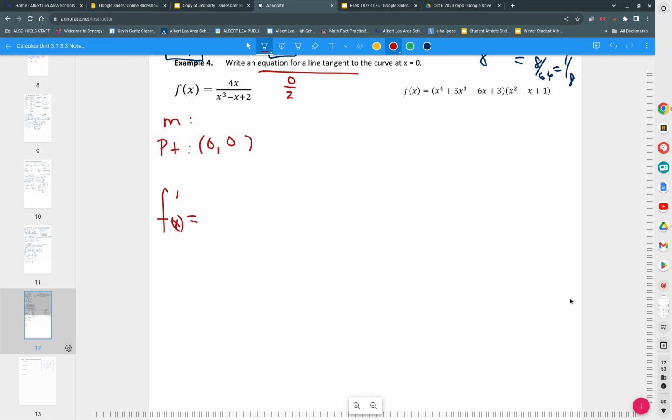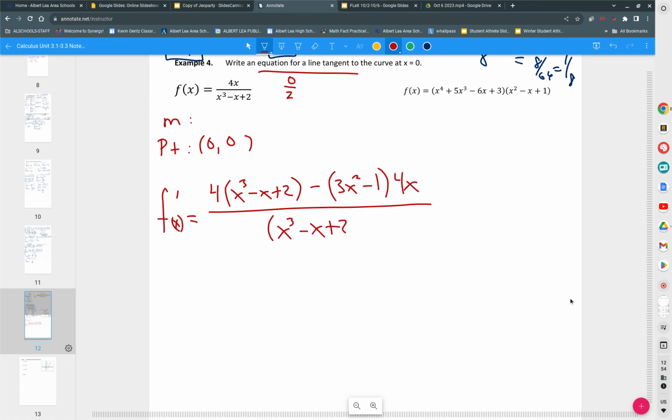You did this yesterday. f prime is 4 times x plus 2, minus 3x squared minus 1 times 4x, all over x cubed minus x plus 2. Okay, is everybody okay with that?